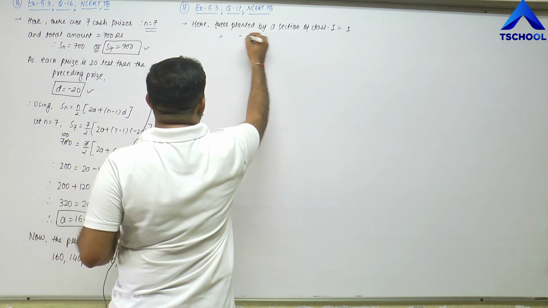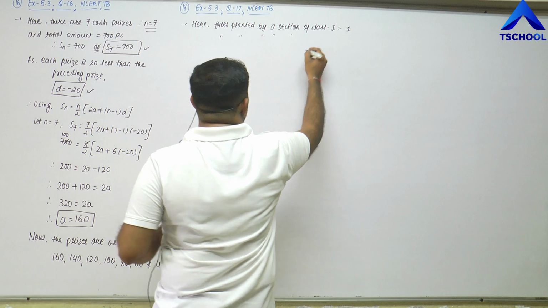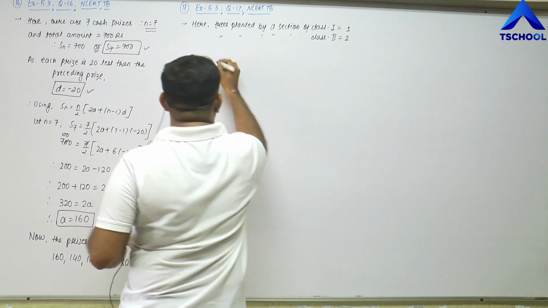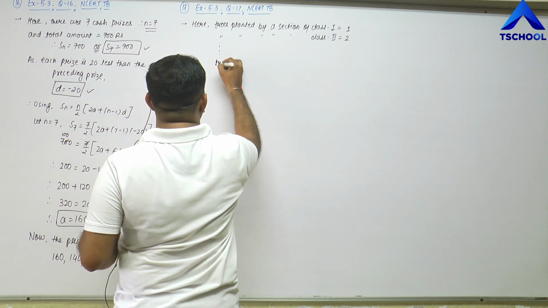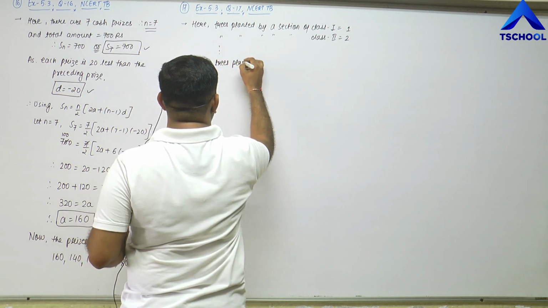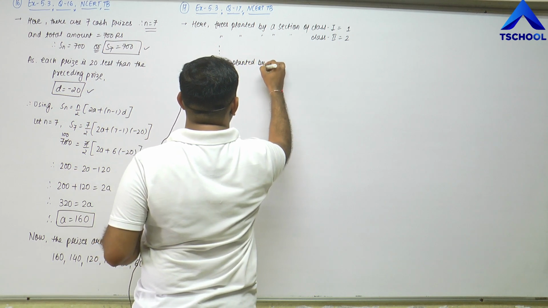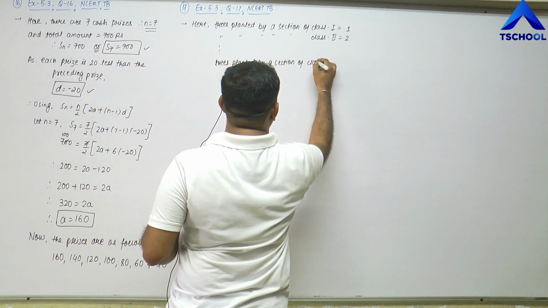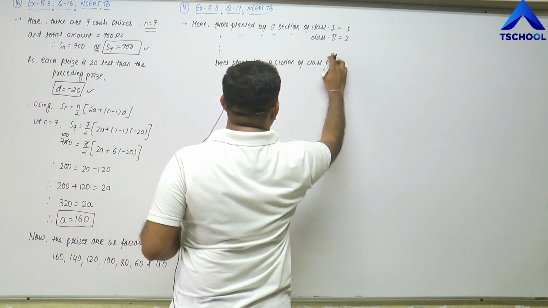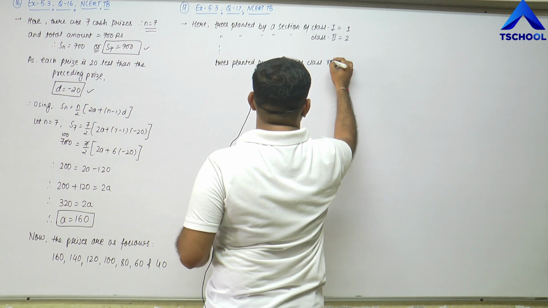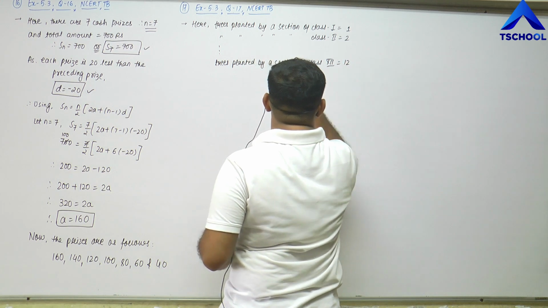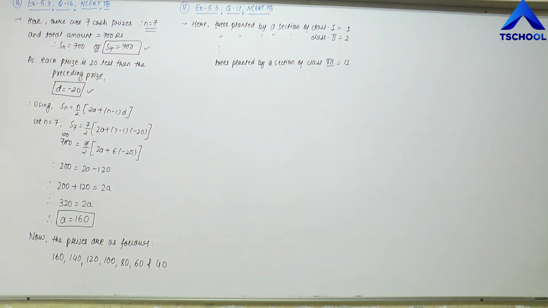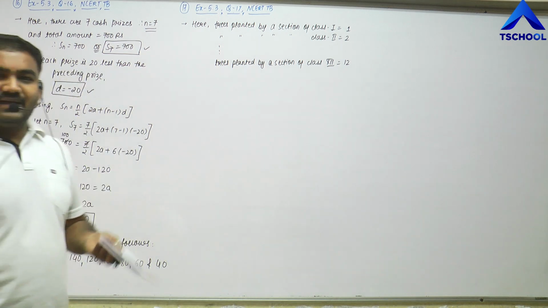Similarly, trees planted by a section of class 2 is 2, up to trees planted by a section of class 12, that is equal to 12, right? So the number of trees planted by each class is equal to the class that the students are studying in.